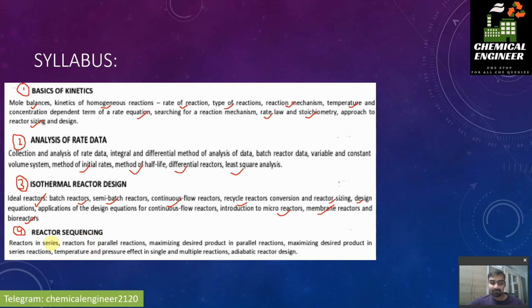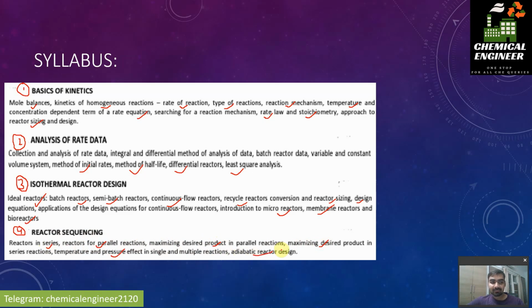So for that we have this fourth chapter, in which we will see reactors in series. Like we put all the reactors in series, then we put them in parallel. Then how to maximize the desired product in parallel reactors, then in series reactors. That we will see, temperature and pressure effects on multiple reactions, then adiabatic reactor design.